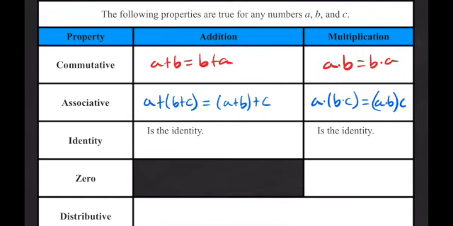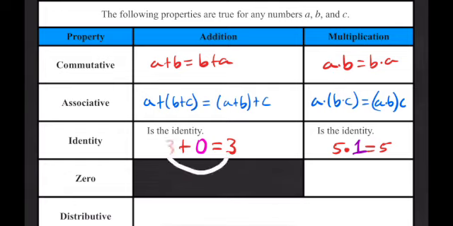Identity property. For addition, what makes it so that we do not change the value? If we have 3 plus something, what is that number that gets us to stay with 3? Well, that's 0. So our identity is 0. The multiplicative identity is, let's say, if we have 5 times something, we need to end up with 5. So the multiplicative identity is 1.